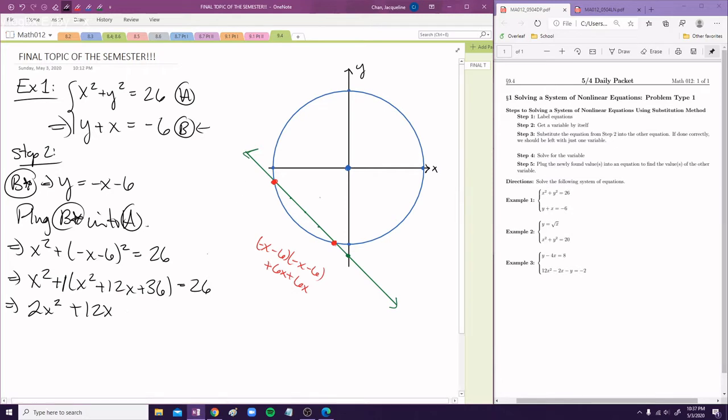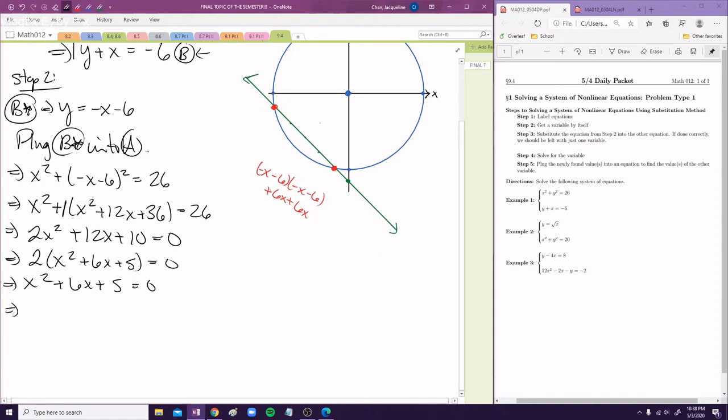So I'm also going to move 26 over as well, so this becomes plus 10 equal to 0. I notice 2, 12, and 10 have a 2 in common, so I'm going to factor that out. Then divide 2 to both sides. We're left with x squared plus 6x plus 5 is equal to 0.